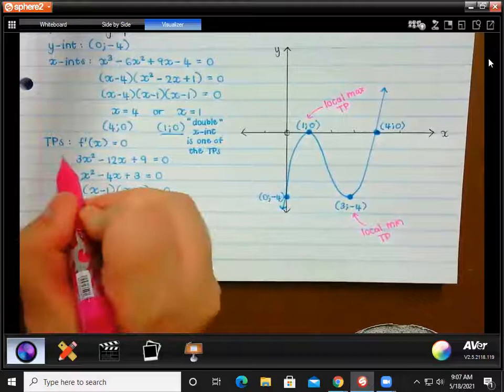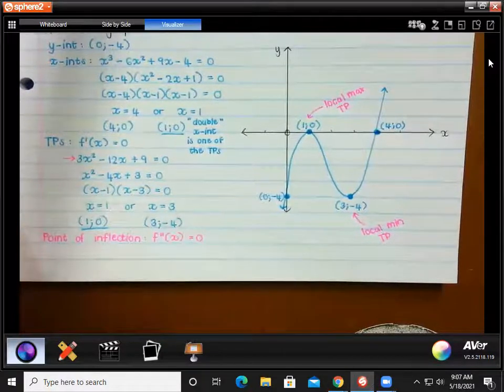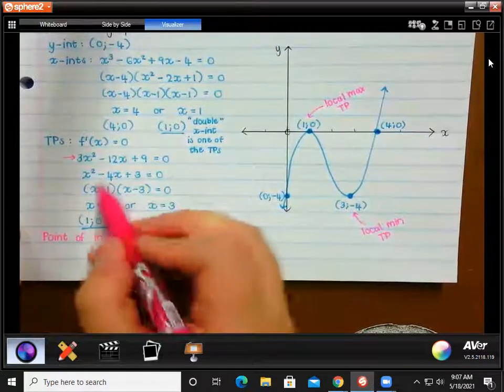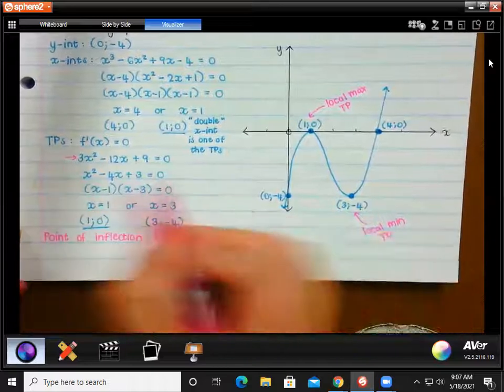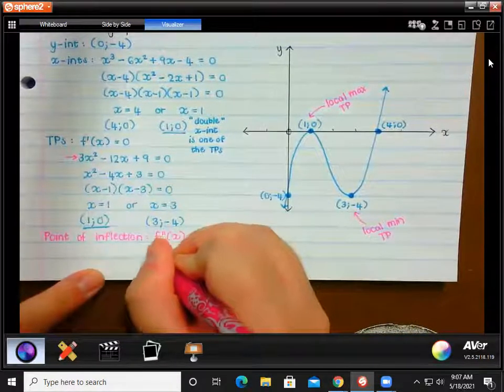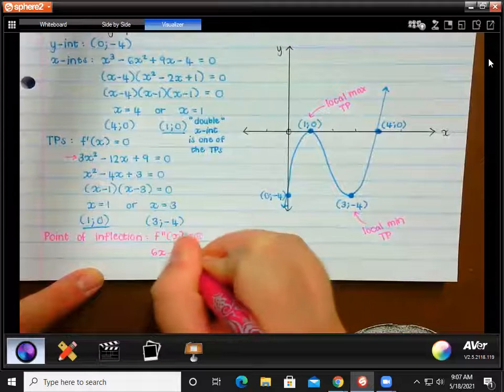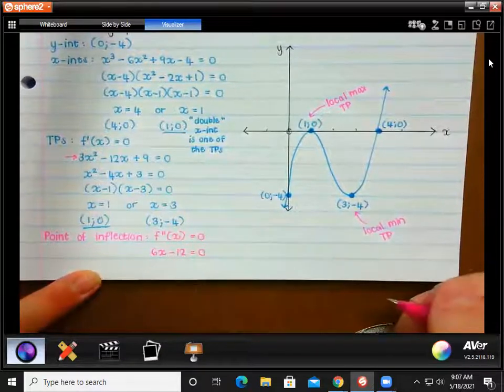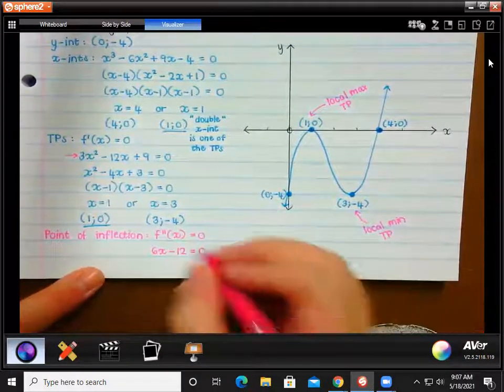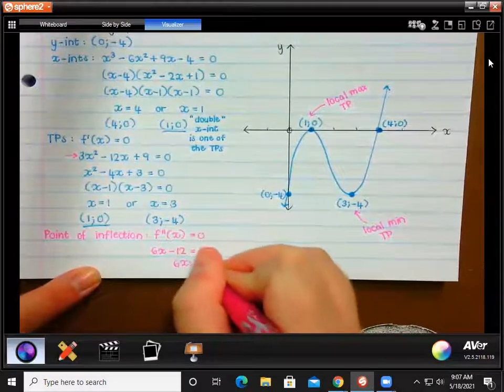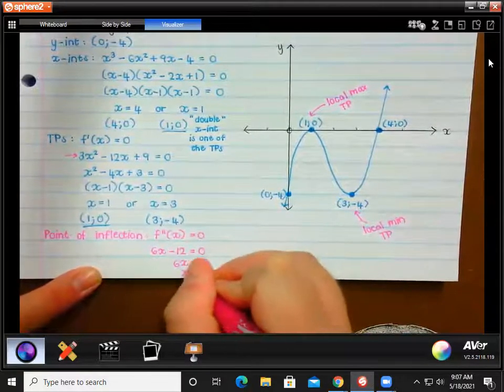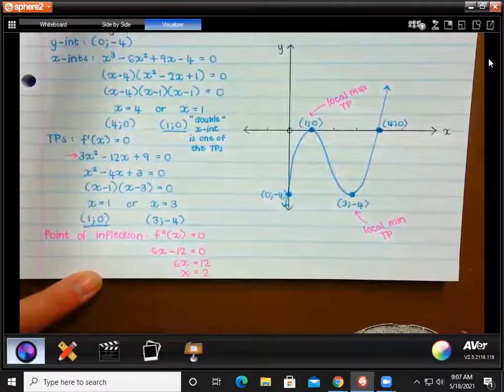All right, this is our first derivative. So we have to derive that one. Okay, we simplified it so that we could solve for x, but that is the first derivative. So it is 6x minus 12 equal to 0. So 6x will be equal to 12. So x will be equal to 2.